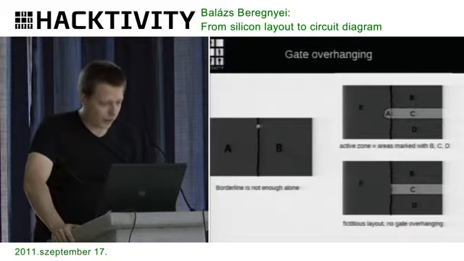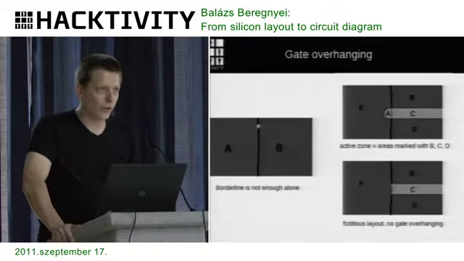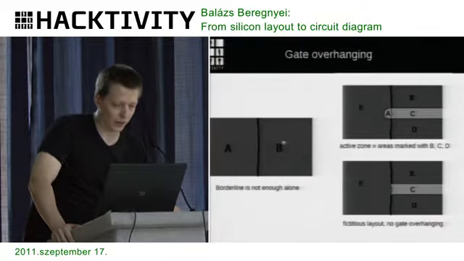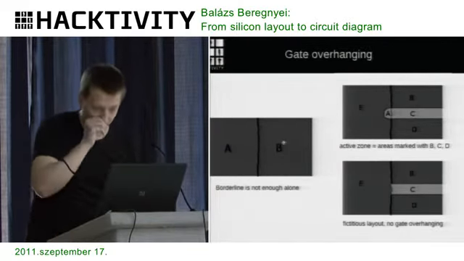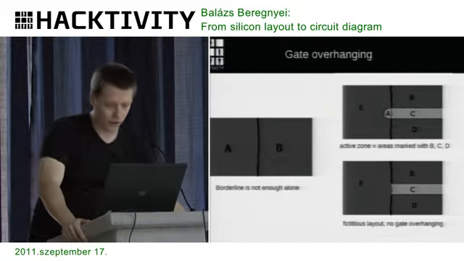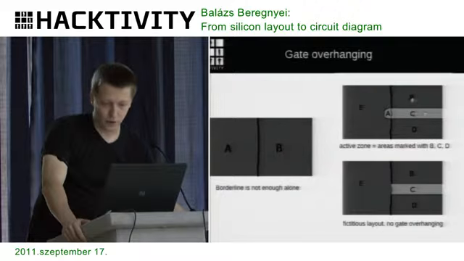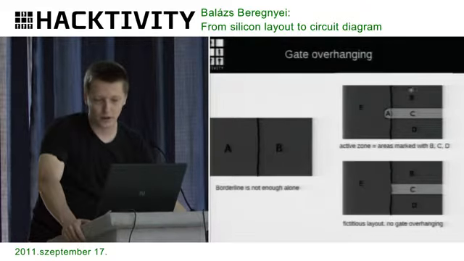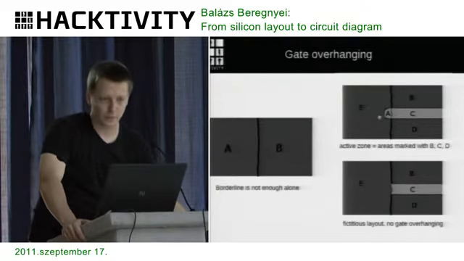The borderline is as having a similar color on both sides, so we can't tell which one is the active zone. On the right side you can see an active zone with a polysilicon band, so left side is nothing, the right side is a transistor.